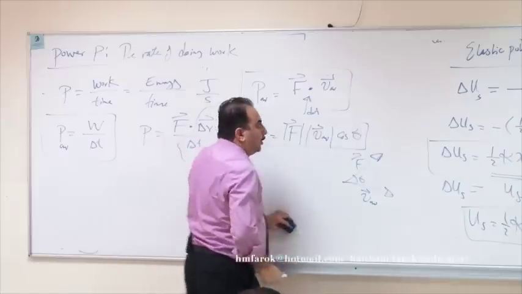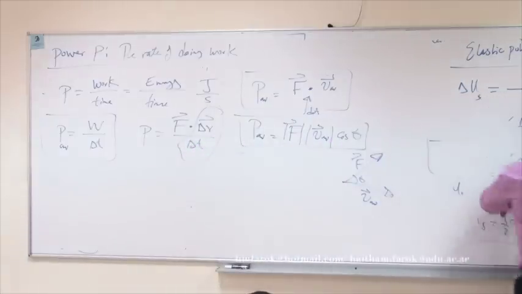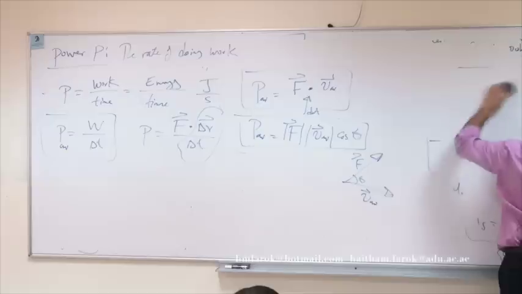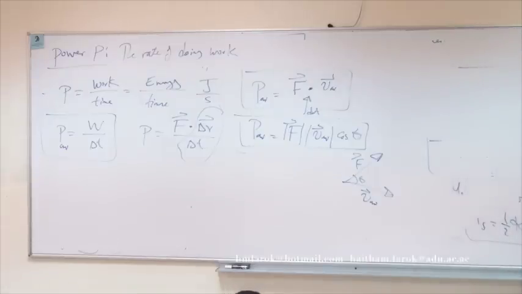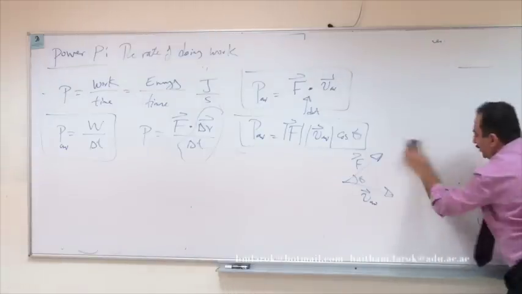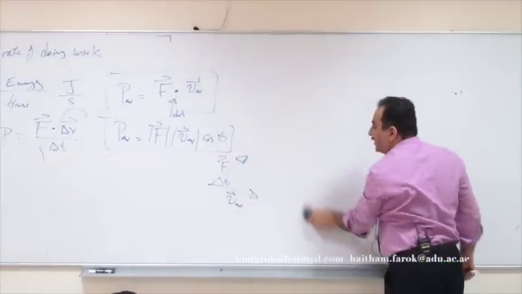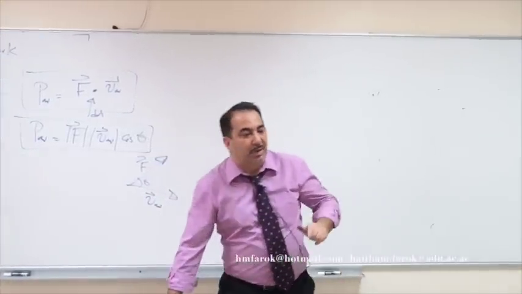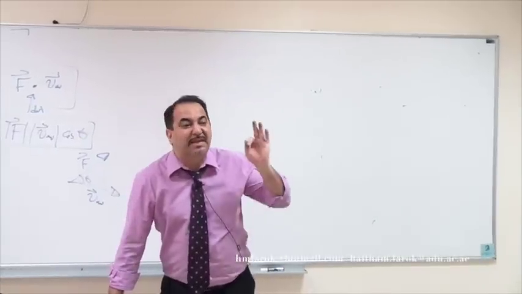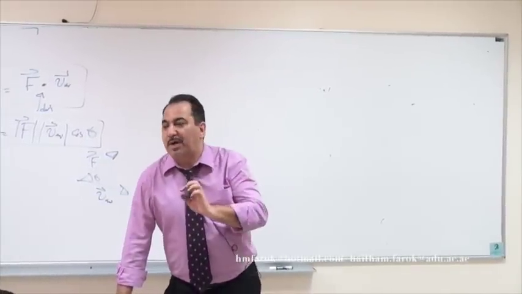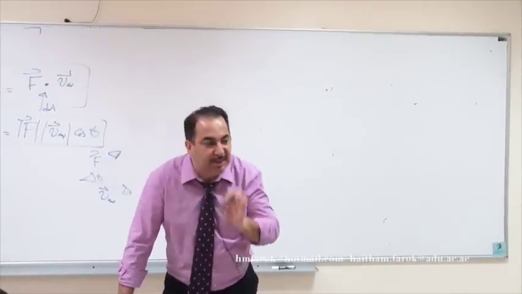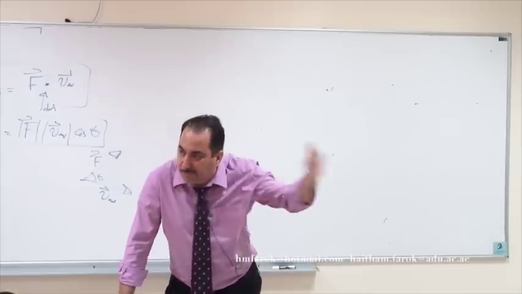Now, what if I want instantaneous power? What does instantaneous power mean? This is the question: what is the power at 3 seconds? What's the power at 4 seconds? At one particular time, not over an interval.